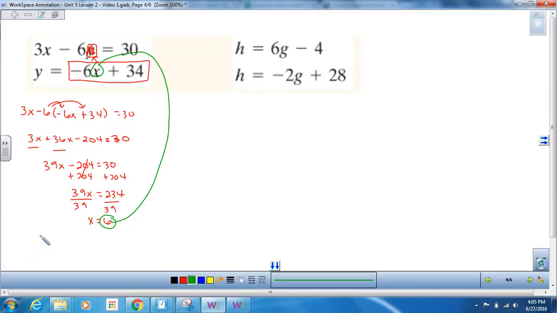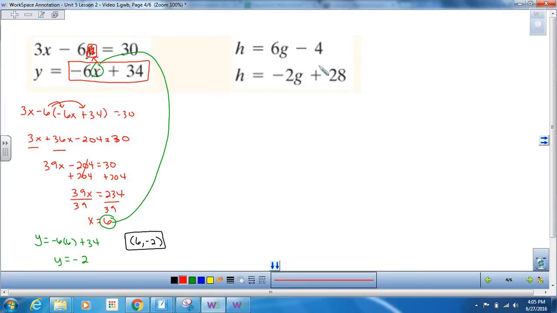It's not always the second. Okay, so negative 6 times 6 plus 34 was negative 2. So my solution is 6, negative 2. Plug it in to check to make sure it's correct.